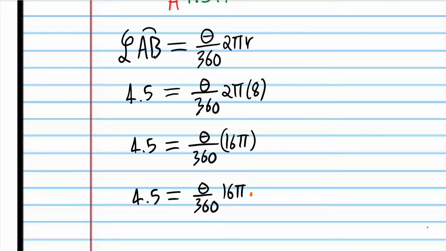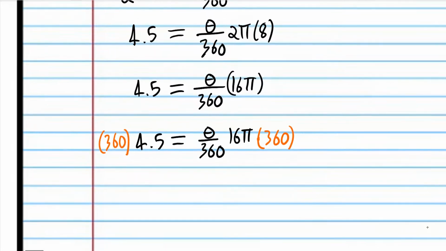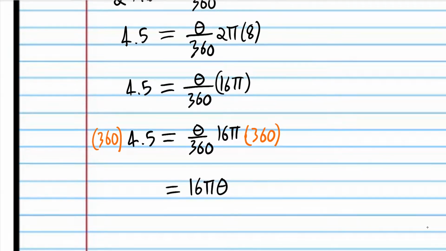Then we can multiply by 360 in order to get rid of the fraction. Remember, we don't like fractions in equations. We'd like to get rid of the fractions if possible. The 360s cancel out, and you're left with 16 pi theta. I'm going to write 16 pi in front of theta. That's just traditional, to write the constant in front of the variable. And on the left side of the equation, we have 360 times 4.5, which is 1,620.